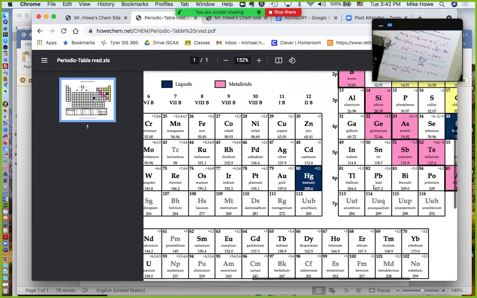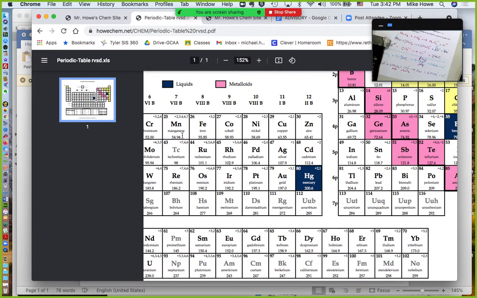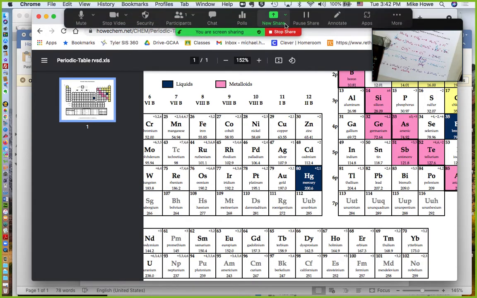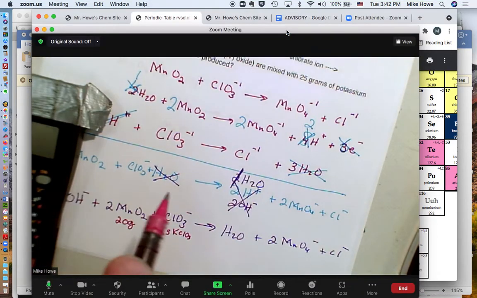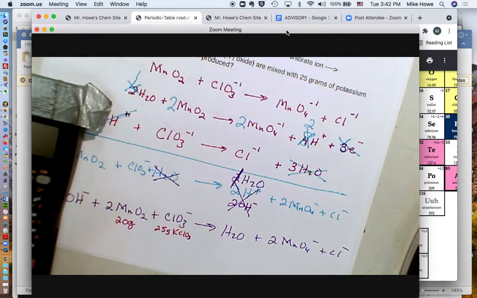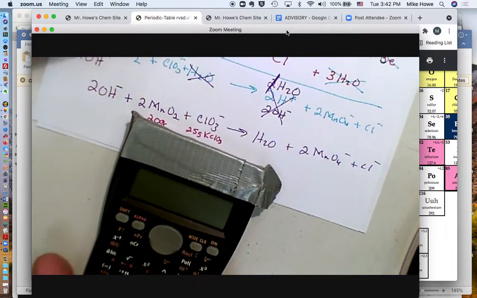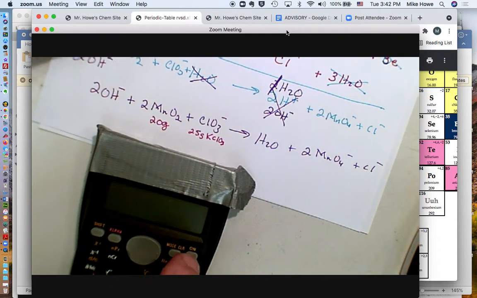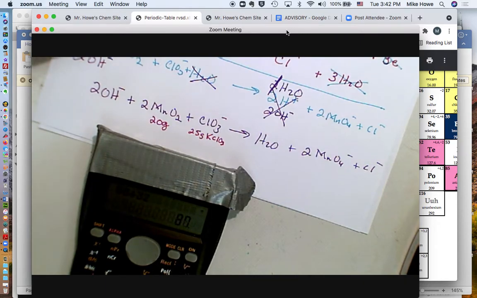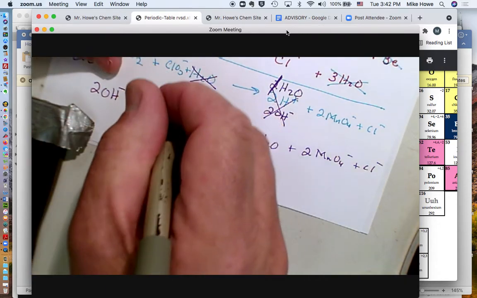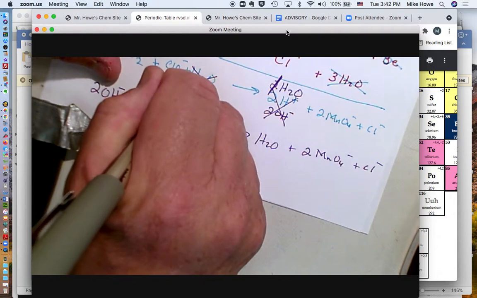And manganese is 55, we'll call it, 54.94. So 55. And the others I know off the top of my head, so we'll go there. So manganese 55, so 55 and 32. Throw my calculator out here so you can see what I'm doing. So 55 plus 32 will be 87. So that formula mass is 87.